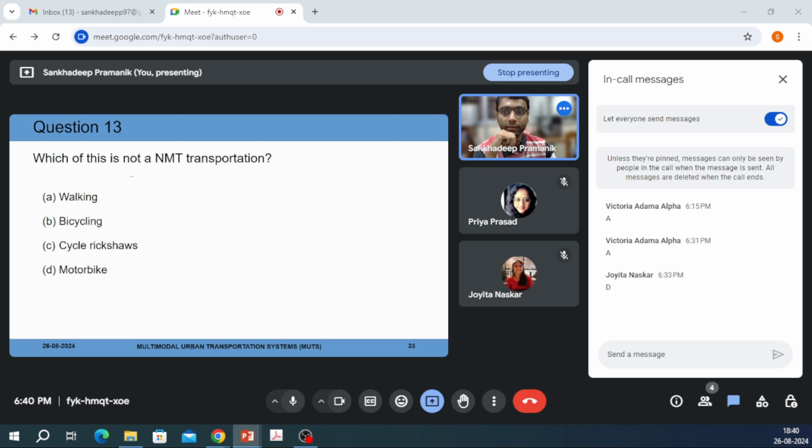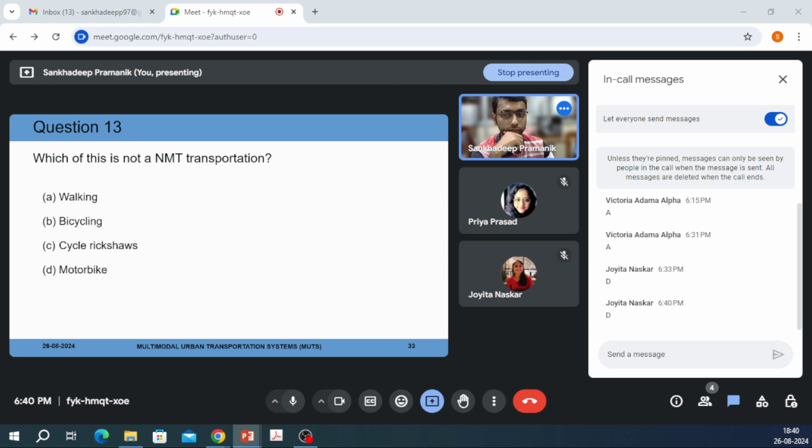Which of these is not an NMT transport? It is D, right? Motorbike, because walking, bicycling, rickshaw, these are all non-motorized.